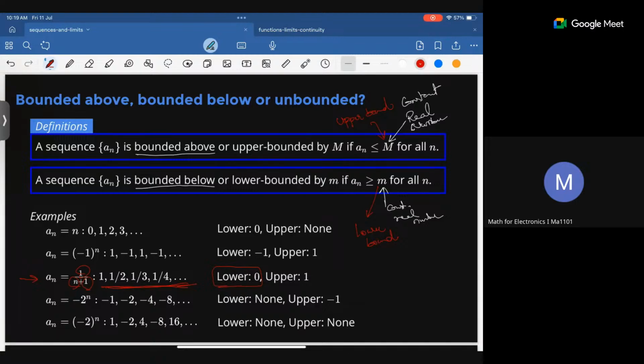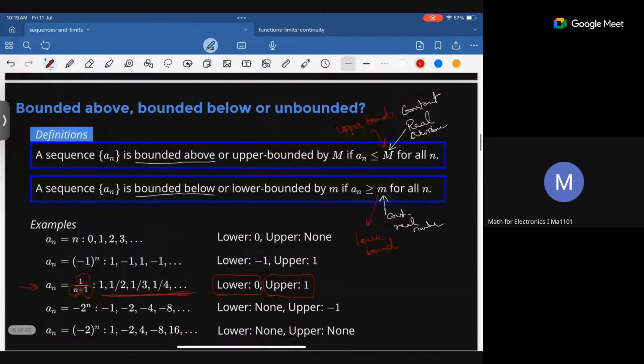So all my terms in the sequence are less than or equal to 1. Only the first term is equal to 1; all the other terms are less than 1. So there exists a capital M, which is 1, which bounds the sequence from above. So there exists an upper bound for this particular sequence also.